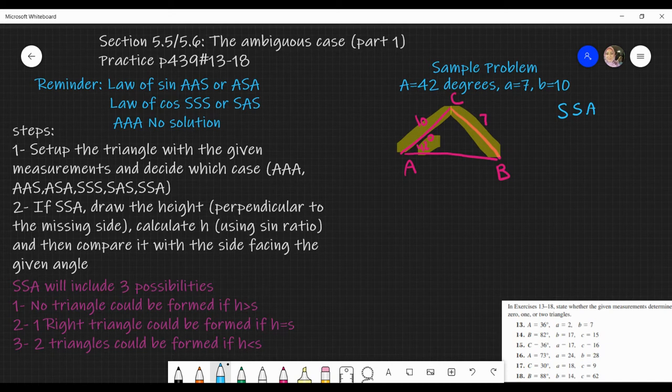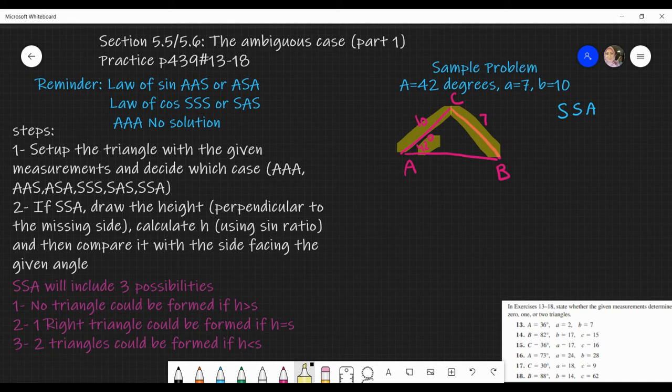If this was an SAS, it would have been like that, 10, 7, 42. That's SAS, and this is when we use the law of cosine, but it's not. It's SSA, which means it's an ambiguous case, and it's not as easy as the other cases, and there's a decision to be made.